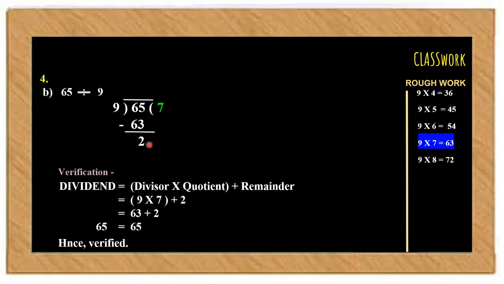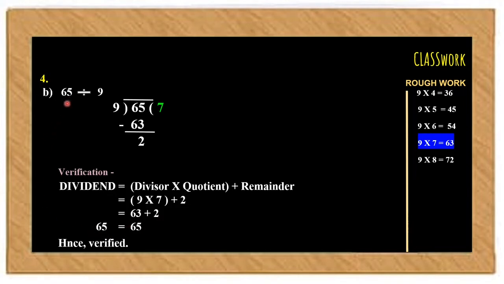Putting these obtained quotient, remainder and divisor in the formula of verification, which is dividend is equal to divisor multiplied by the quotient plus the remainder, we get 9 multiplied by 7 plus 2, which in turn gives us 63 plus 2, which is 65, which is nothing but the original dividend from the question.